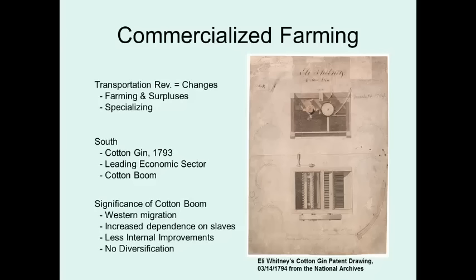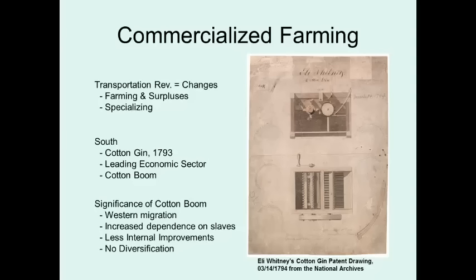There is virtually zero manufacturing in the South. Instead, they're relying on the rest of the nation or international trade for all their goods.